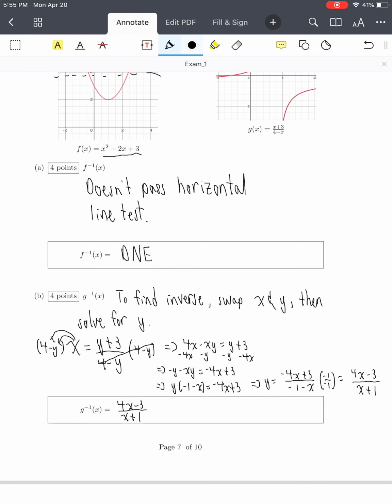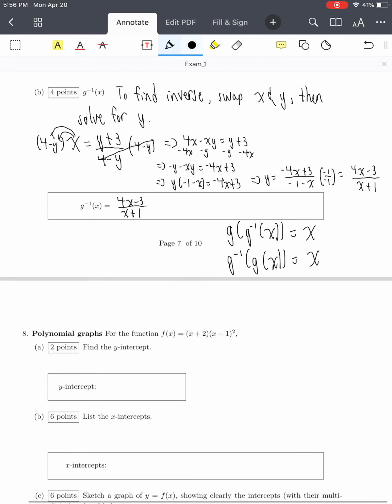Now, I'm not going to do it right now, but remember you can always double check if something is an inverse, because if you do function composition, g of g inverse of x equals x, and g inverse of g of x should equal x. So those are two ways to double check it.